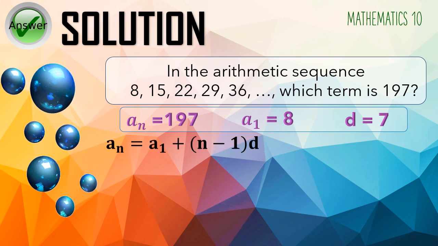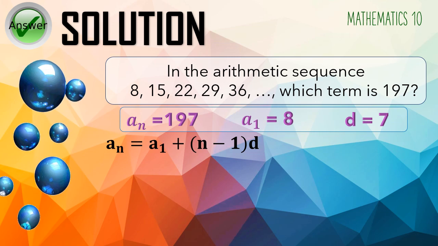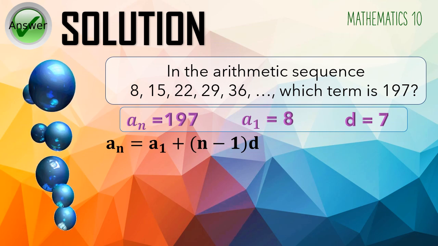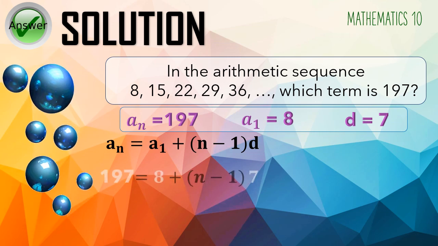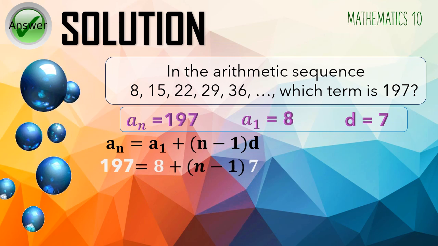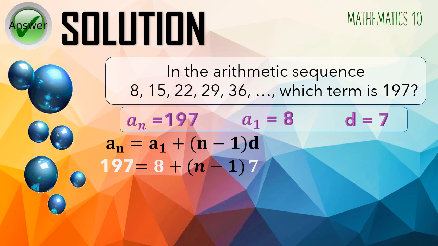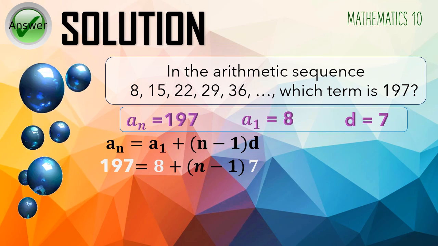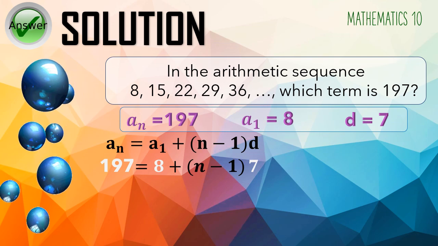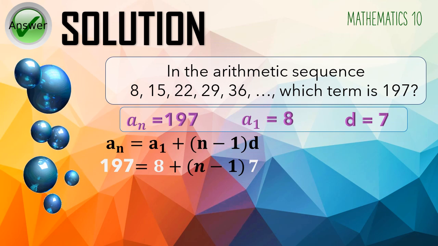Okay, so moving on to our formula. So we have here, and then substitute, of course, the data that we got coming from the problem. So here, and then let's apply the distributive property. Following the PEMDAS rule, we need to simplify first those terms or operations inside the parentheses.